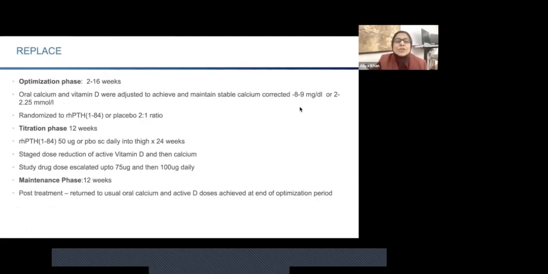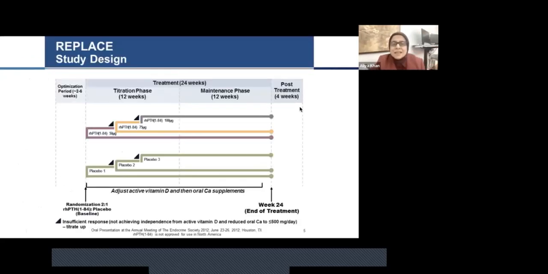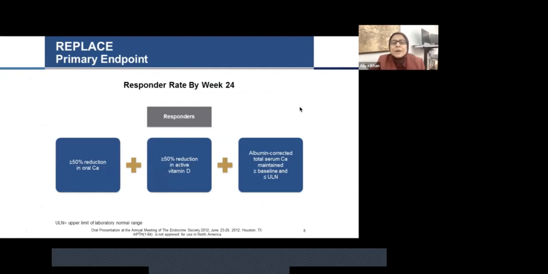Okay, so let me show you the data. So there was an initial optimization phase, titration phase, and a maintenance phase. And the response was how many people were able to reduce their calcium by 50% or more, and reduce the vitamin D by 50% or more, and maintain a normal serum calcium.